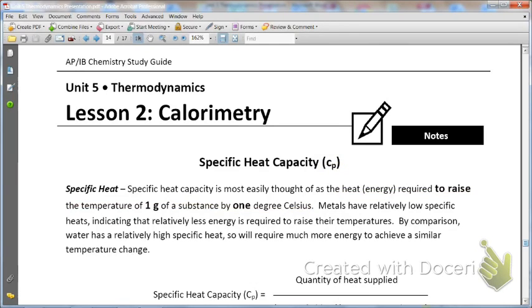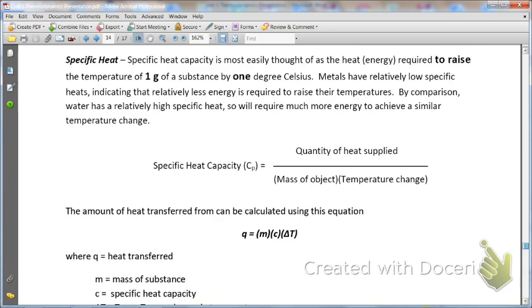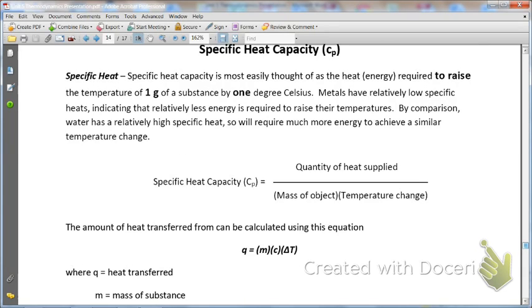All right, now we can determine the specific heat capacity with the following equation. Essentially, the specific heat capacity is equal to the quantity of heat supplied divided by the mass of the object times the change in temperature. And that will give you the specific heat capacity.